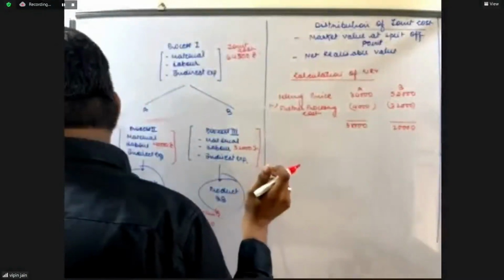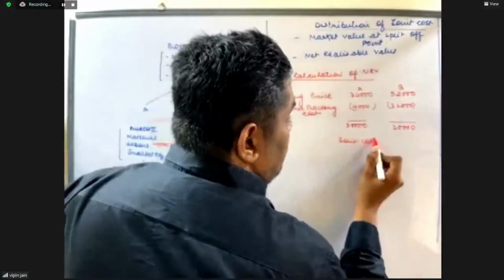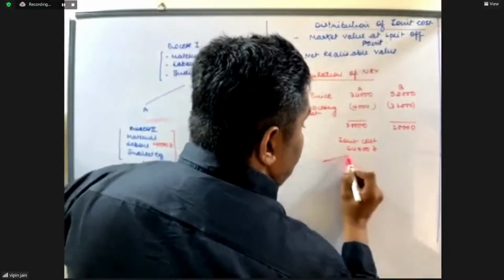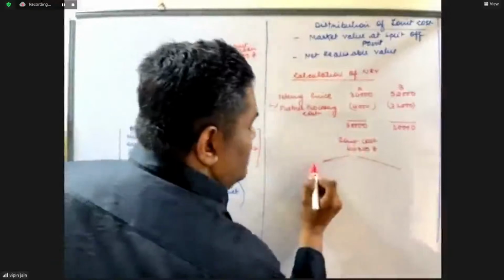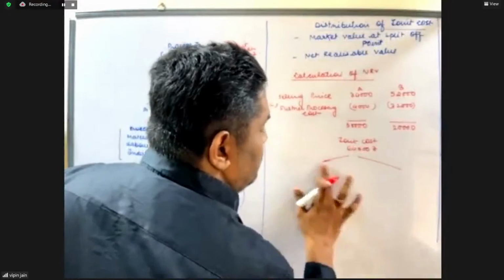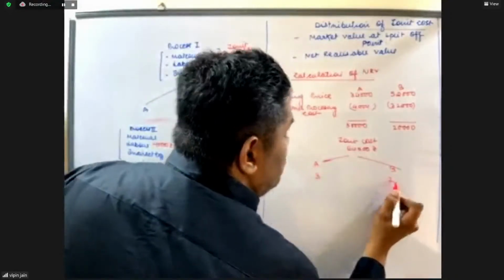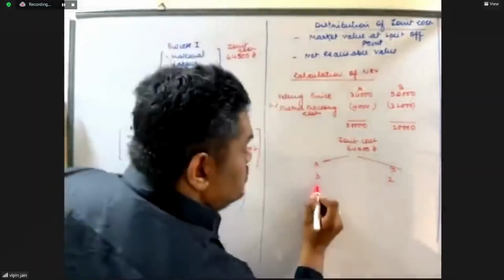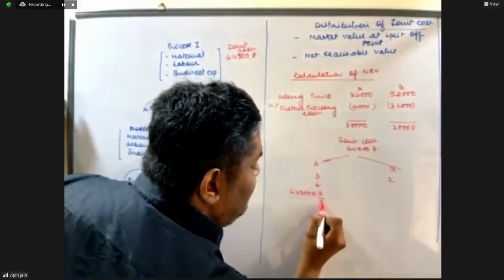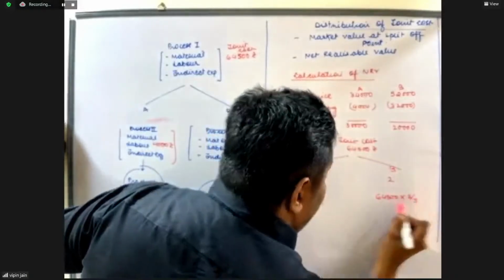So my joint cost of 64,500 rupees is to be distributed among these two products, that is A and B, in the ratio of 3:2. So 64,500 into 3/5 and 64,500 into 2/5.